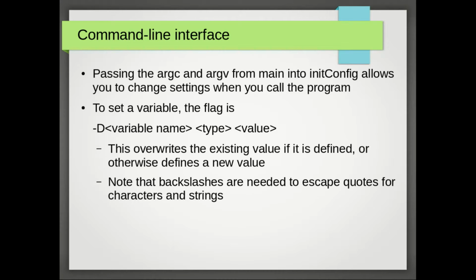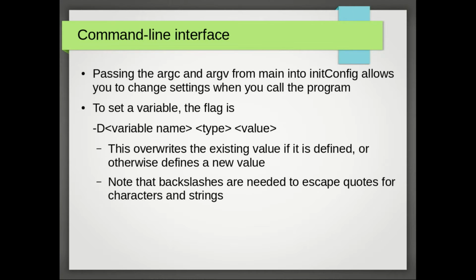And then to set a variable, it's just dash capital D with no space, the variable name, and then space, and then the type name, which was on the table in the last slide, and then the value, which is the same as when it's in the file. It'll just overwrite the existing value which you declared in the configuration file, or you can also use that to declare new values. There's really no difference with declaring something that wasn't already defined.